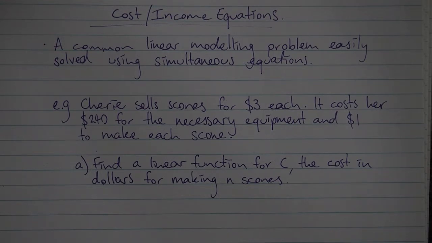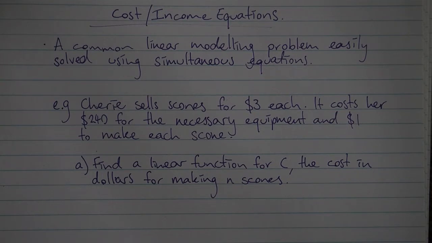Okay, so I want to take you through an example, and this example has really commonly asked questions that you'll find. So what you'll need to do is have a read of the problem. You'll usually be asked to come up with a linear function or an equation for the cost. You'll also need to find a separate linear function for the income.